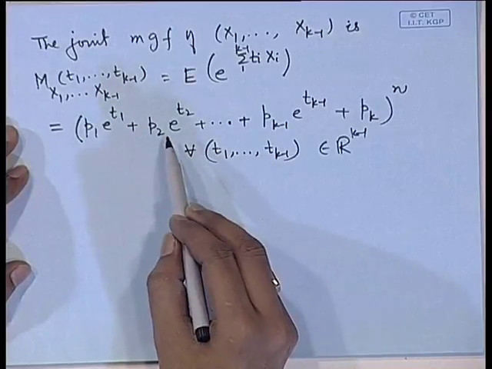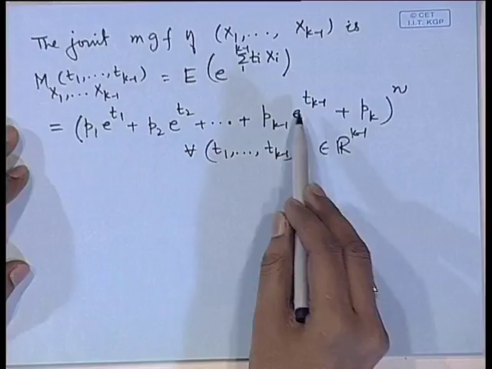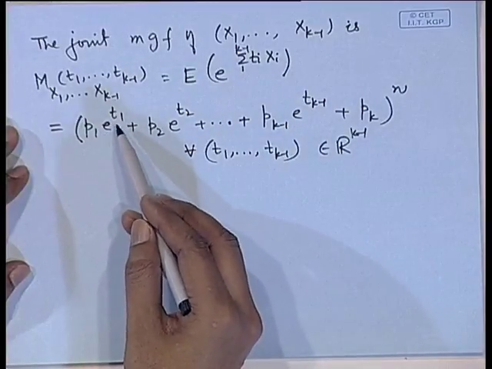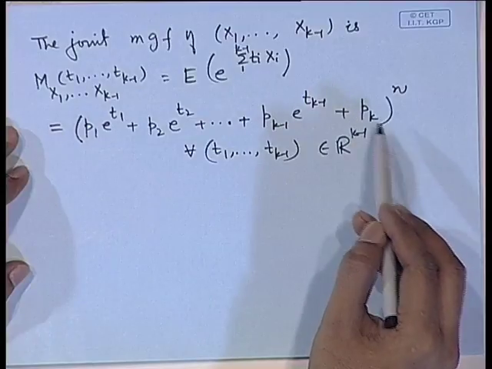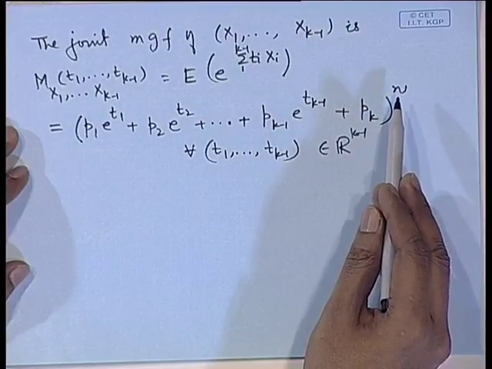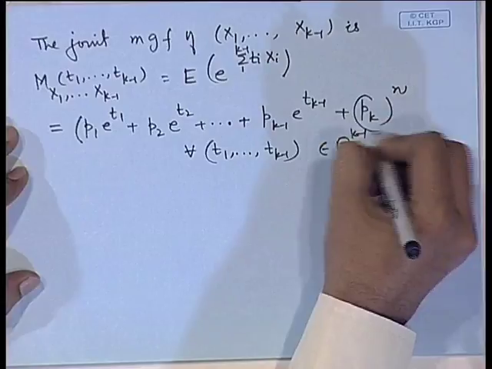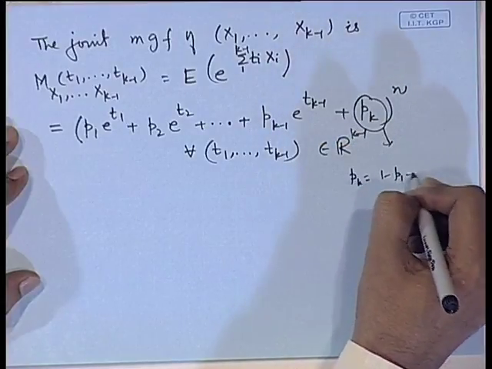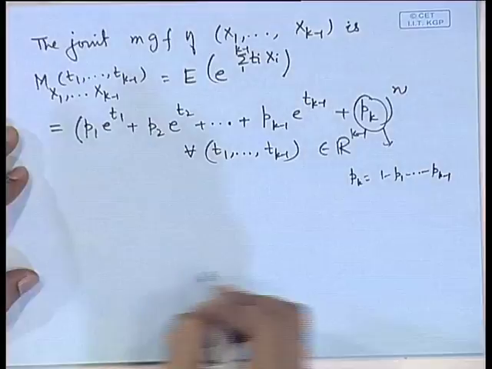Now, easily you can see that suppose I substitute t 2, t 3, up to t k minus 1 equal to 0, I will get (p 1 e to the power t 1 plus p k) to the power n. So, this p k is actually 1 minus p 1 minus p 2 minus ... minus p k minus 1.